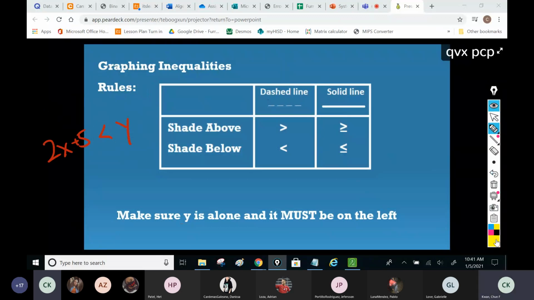So you are going to flip it and put the y on the left, flip the symbol, and then 2x plus 5 on the right side. You have to make sure y is on the left so that you can use these inequality rules right here.